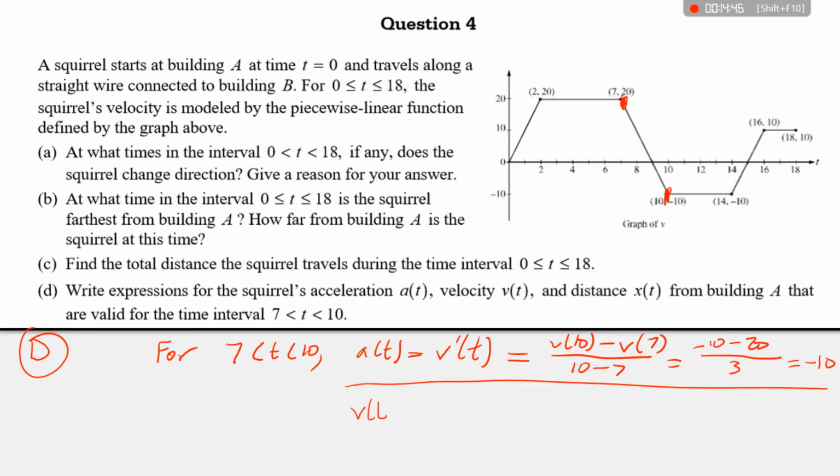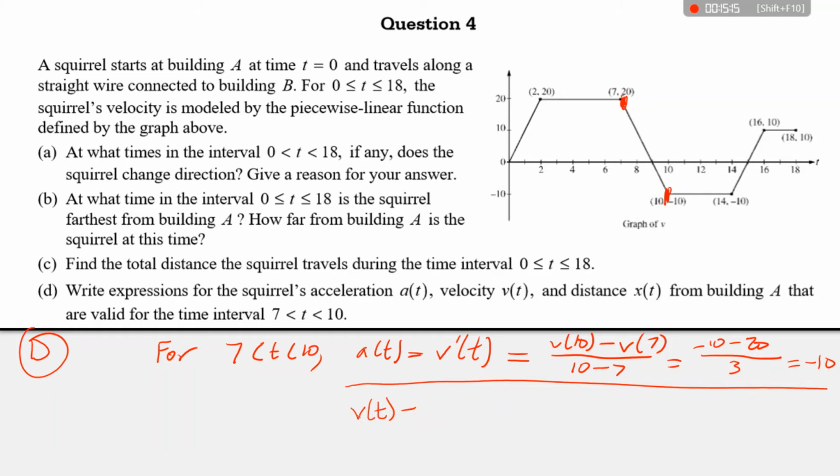So this is your velocity at any time, minus, pick a point. 7 and 10. No, maybe 7. Okay, so if t is 7, what is your velocity? 20. Okay, so this should be in point slope form.